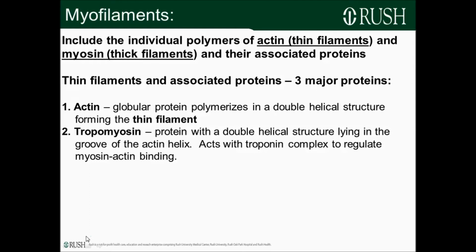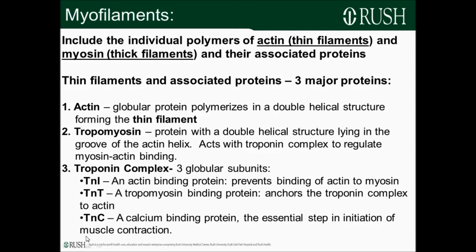Tropomyosin is a protein also organized into a double helical structure, and that lays along the groove of the actin helix and acts with another molecule, the troponin complex, to regulate the actin-myosin binding. The third is that troponin complex, which has three different globular subunits.